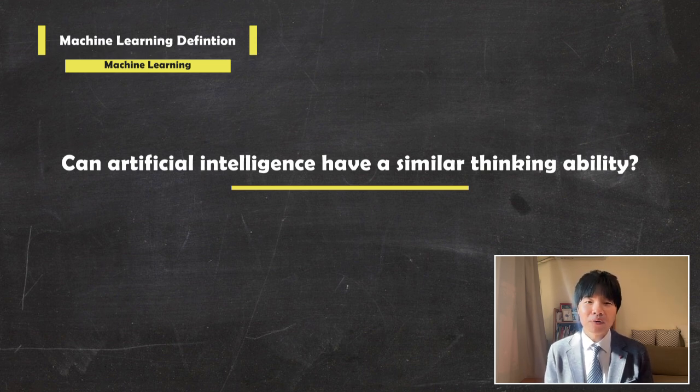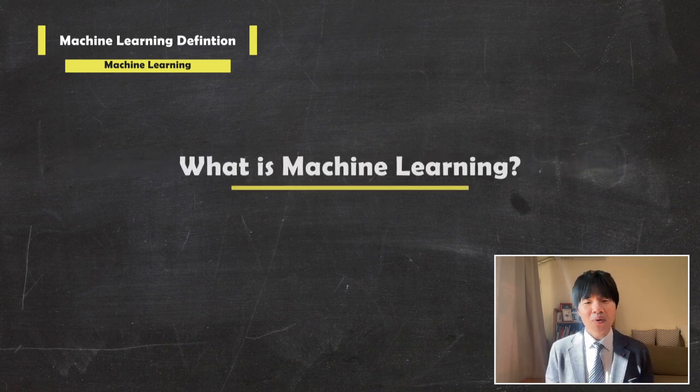By now, you might have guessed it. Agents simulate and achieve human learning through machine learning. Through machine learning, agents can continuously learn new knowledge and experience, enabling them to continuously progress. So, what's machine learning? How about its definition?